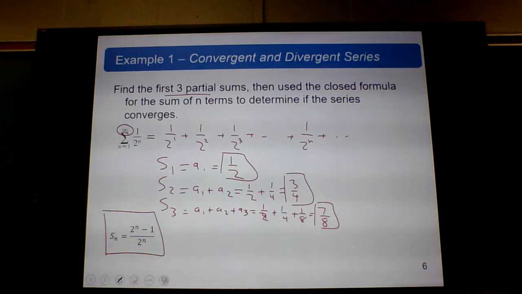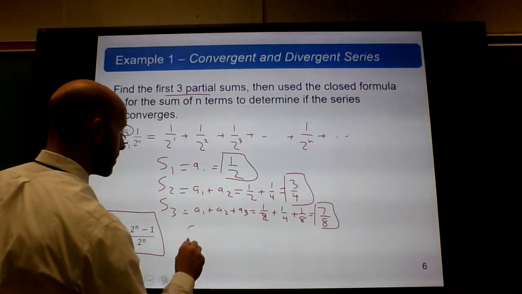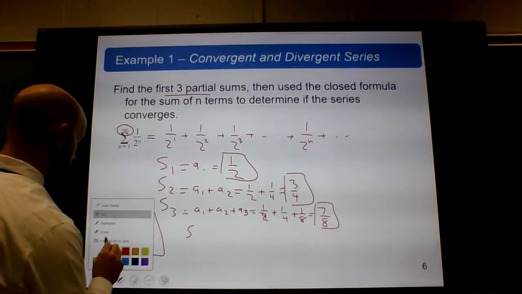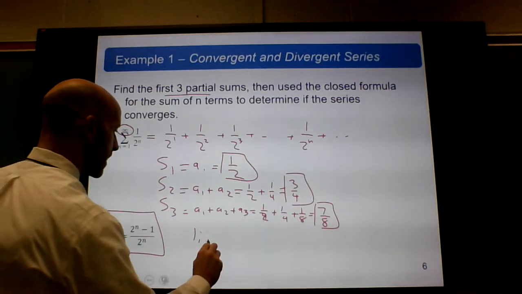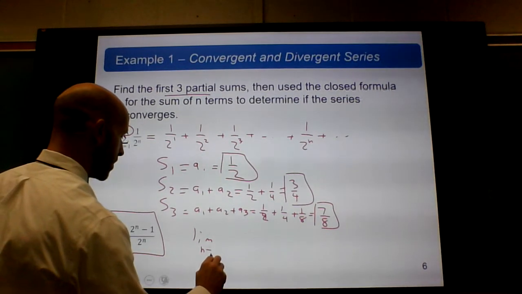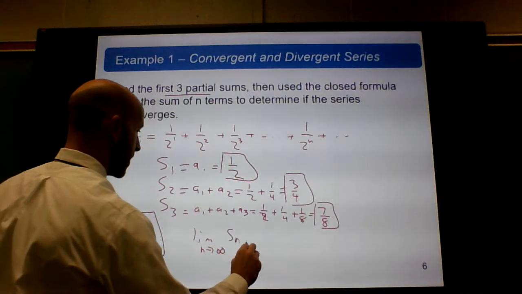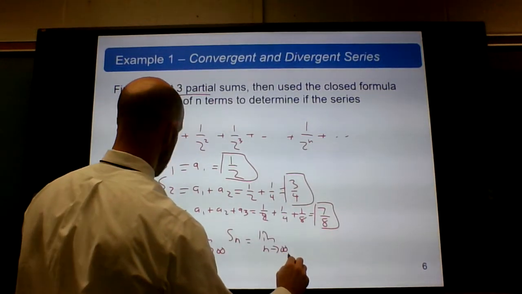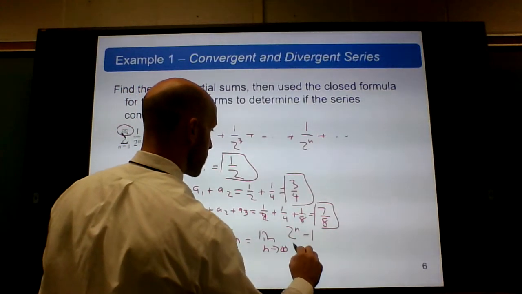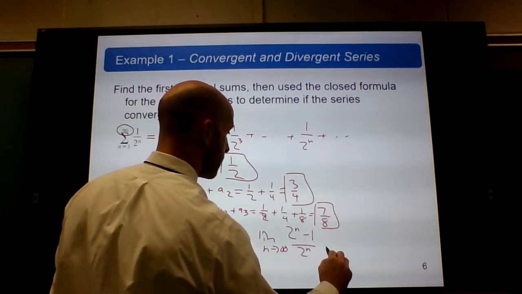Now we're going to try to see if this series converges or diverges. I'm just going to take the limit of this sum. So I'm going to do the limit as n goes to infinity of S sub n. That's the limit as n goes to infinity of (2 to the n minus 1) over 2 to the n.